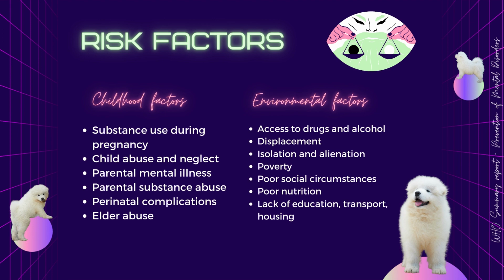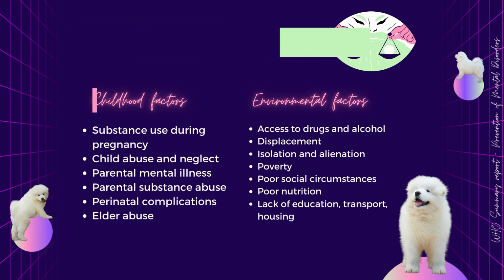Childhood factors would include child abuse and neglect, parental mental illness and substance abuse, some complications during the childbirth, some elder abuse, while environmental factors would include poverty, poor social circumstances, isolation and alienation, some displacements, etc.